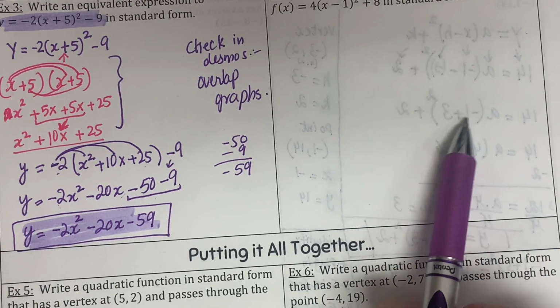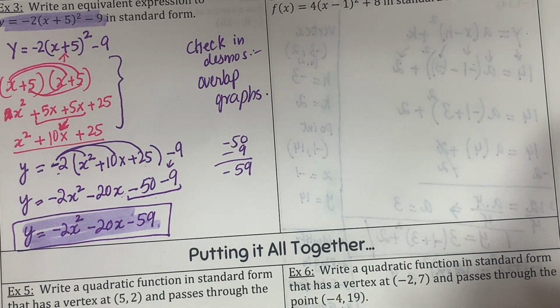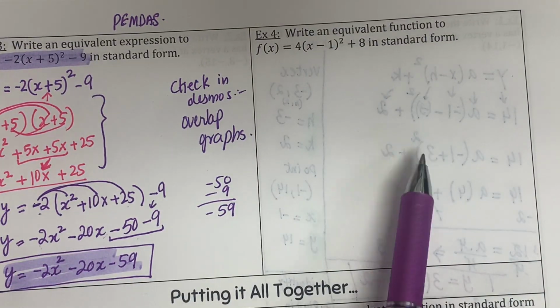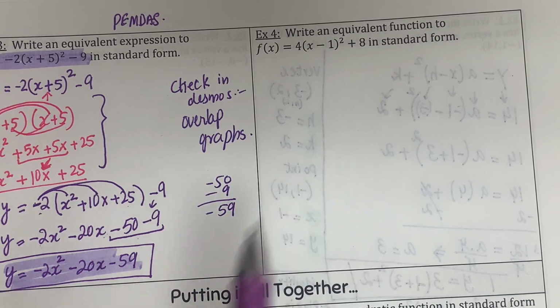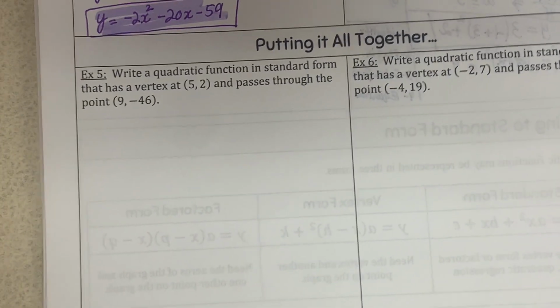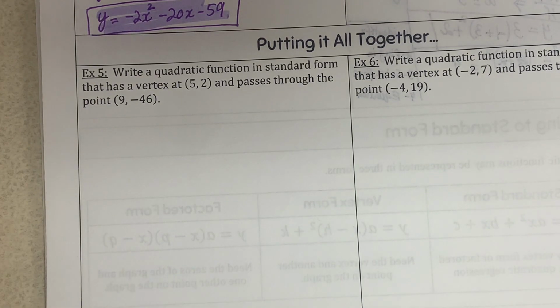You have one more question over here that you have to do, and you should be able to do this one easily, number 4. I'm going to help you with number 5, where I'm putting both of these things together. First I'm going to write the equation in vertex form.